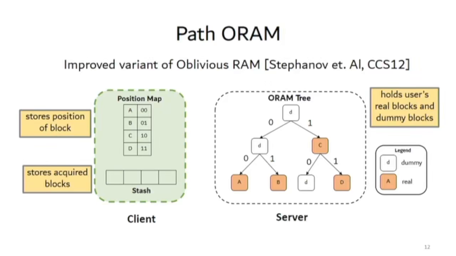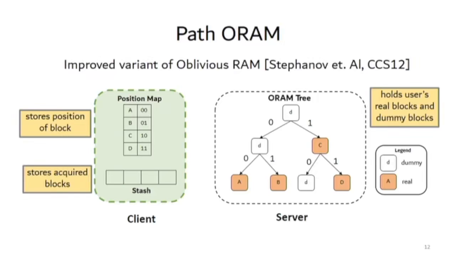In this scenario, at the server end, you have all your users' blocks, shown by the real blocks in orange, but you also have dummy blocks, and you have a tree formation where the number of real blocks in the tree is equal to the leaves of the tree, as you can observe. That's the construction of the Oblivious RAM tree within the server.